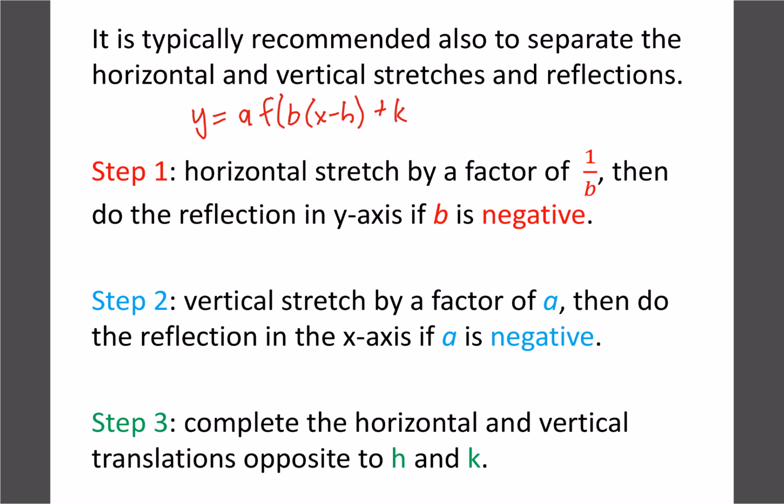So when we're dealing with this, we want to track that extra set of brackets. We have to be careful if we have a horizontal stretch and a horizontal translation going on at the same time. We want to make sure that translation is in this smaller set of brackets because it affects only the x, and then the b, if we were to FOIL it out, would actually change that number. So we have to be a little bit careful when we deal with those. But other than that, you should be okay with doing these processes.